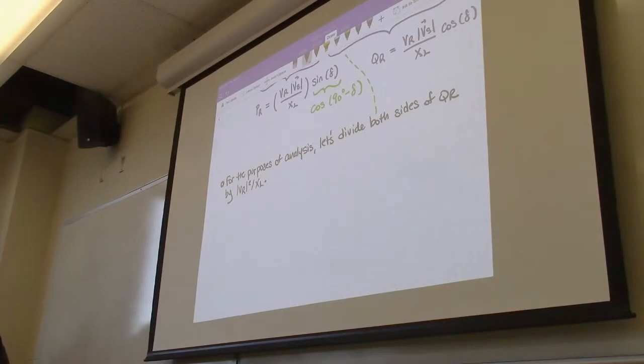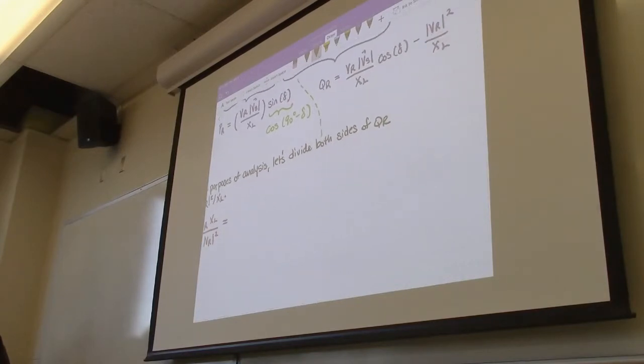So what we're left with is QR times XL over VR squared is equal to cosine of delta minus, sorry, I missed one value. Vs cosine of delta minus 1.